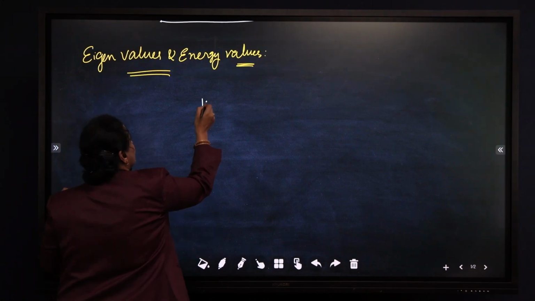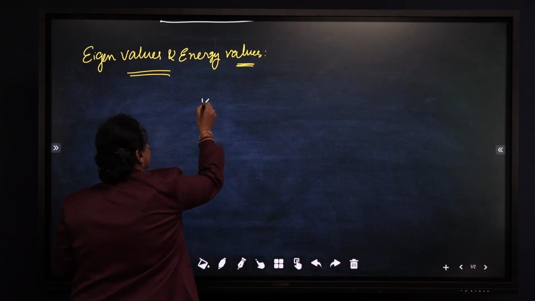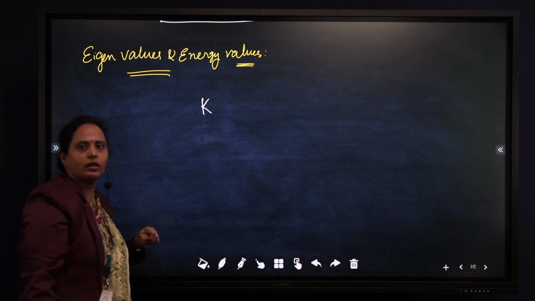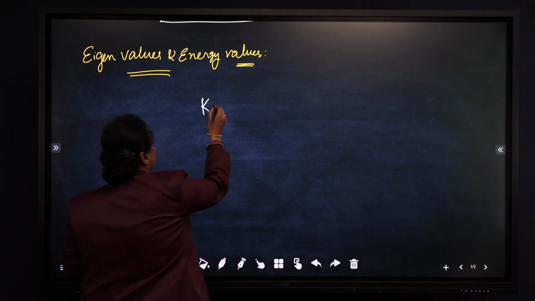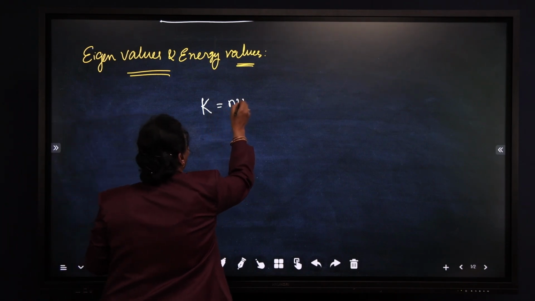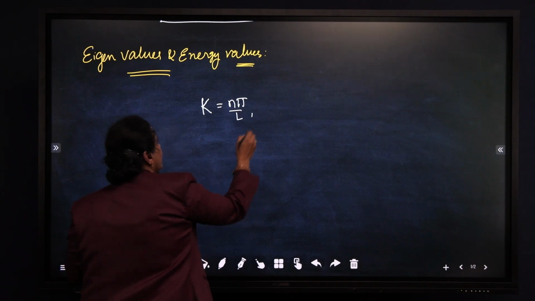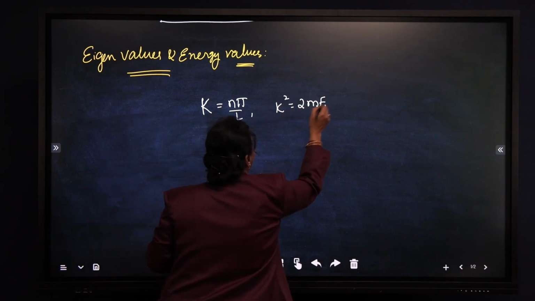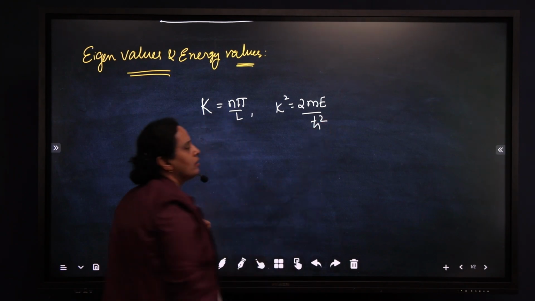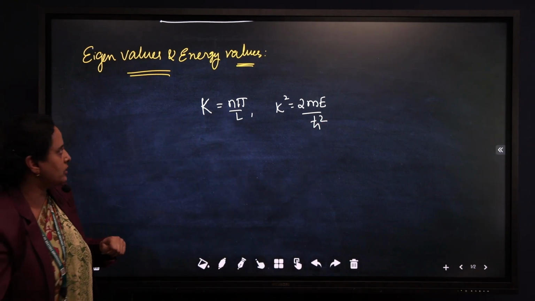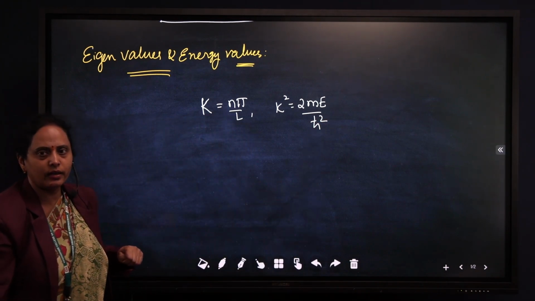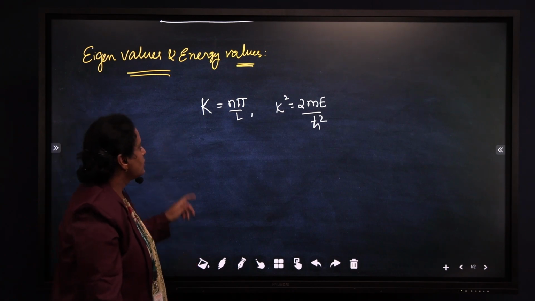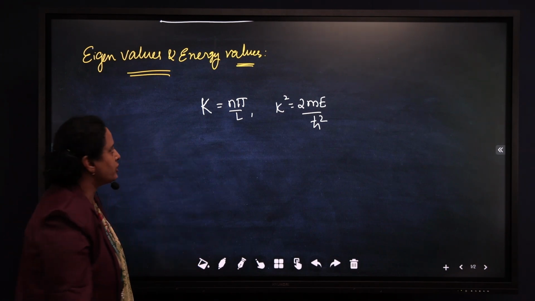By using the wave vector equations, k is equal to n pi by L and k square is equal to 2mE by h bar square. We have already calculated both these expressions, so let us equate both the equations.